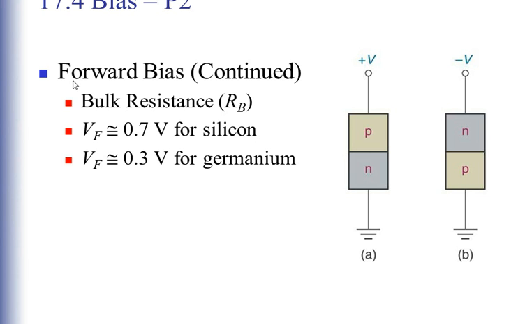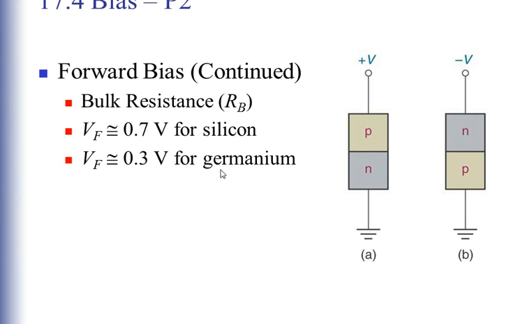The diode is forward biased if I have a positive voltage on the positive side and ground on the negative. It's also forward biased if I have a negative voltage on the negative side and the positive side is grounded. Either way, I'd be forward biased.